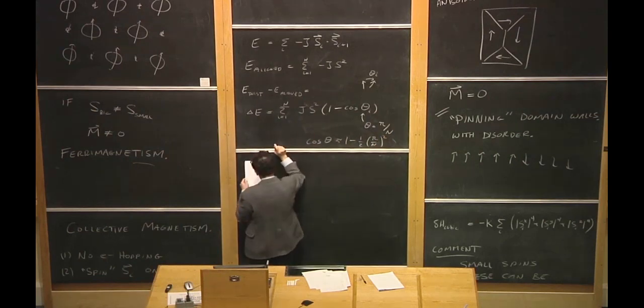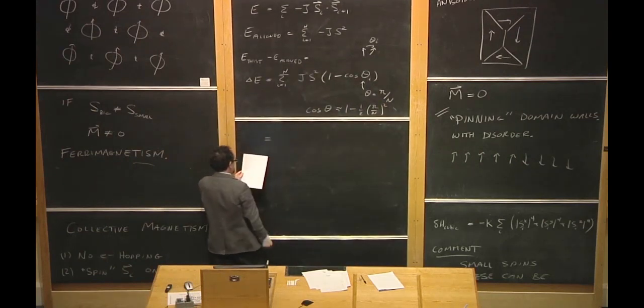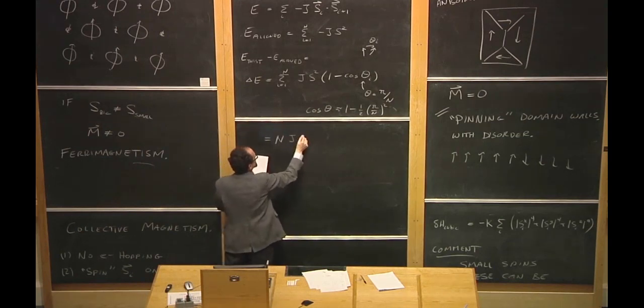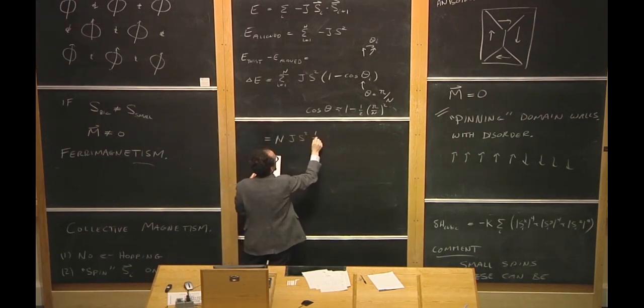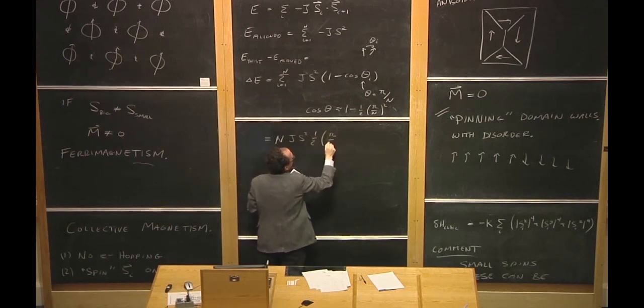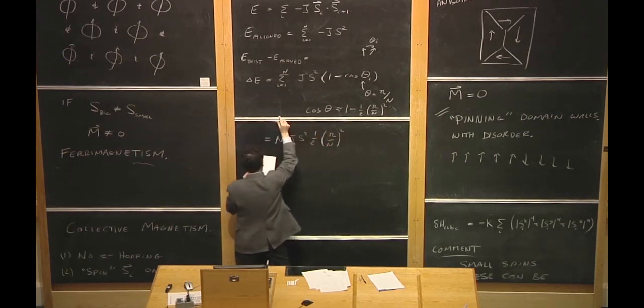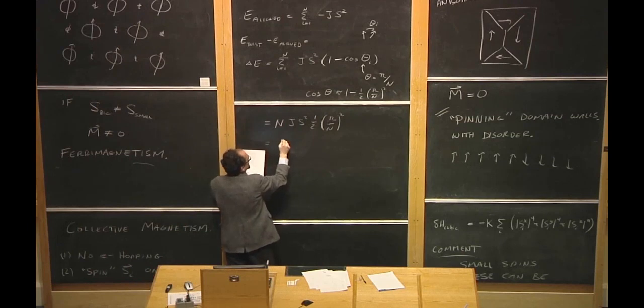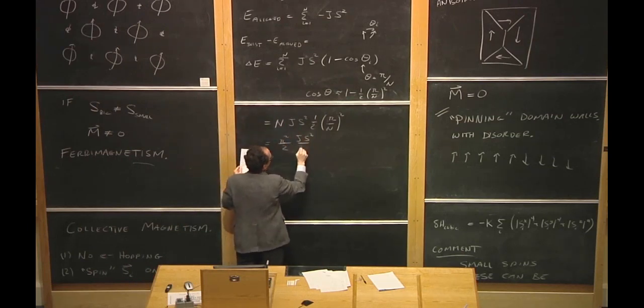If I plug that in, I'll get a total of n spins I'm summing over, I have J S squared and 1/2 (pi over n) squared. Multiply that out, I then get pi squared over 2 times J S squared over n.